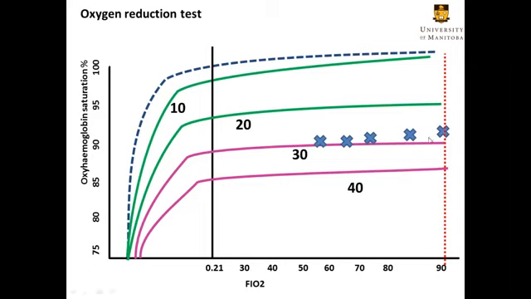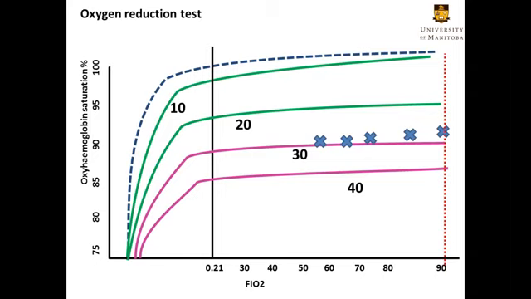There is almost no change in saturation because you are giving extra oxygen unnecessarily, and we are weaning back the oxygen. There is no change. So pure right to left shunt is not really sensitive to oxygen, and saturation will be maintained in high 80s or low 90s, and giving more oxygen will not make any difference.